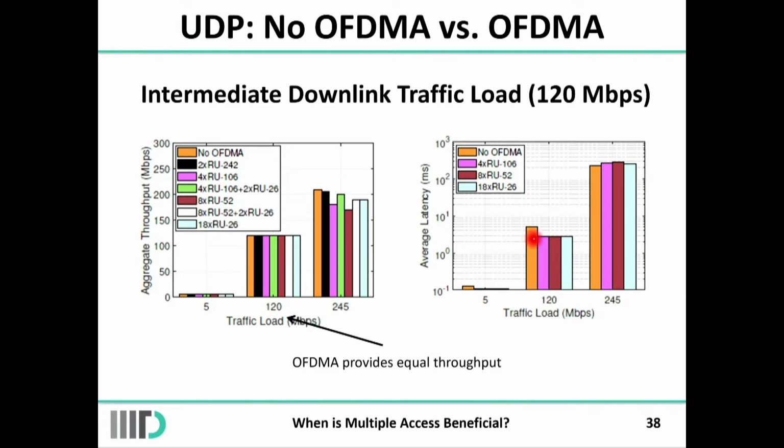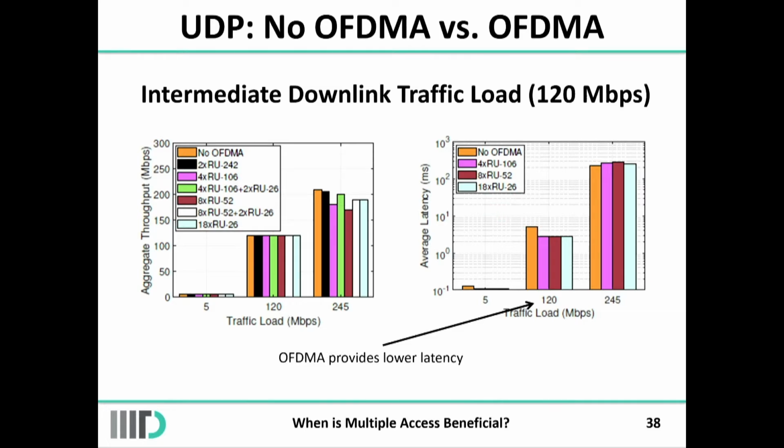If you see latency, non-OFDMA has a higher latency than OFDMA. Here again our results corroborate with real experimental results, I guess, which is OFDMA providing you lower latency than the non-OFDMA counterpart.